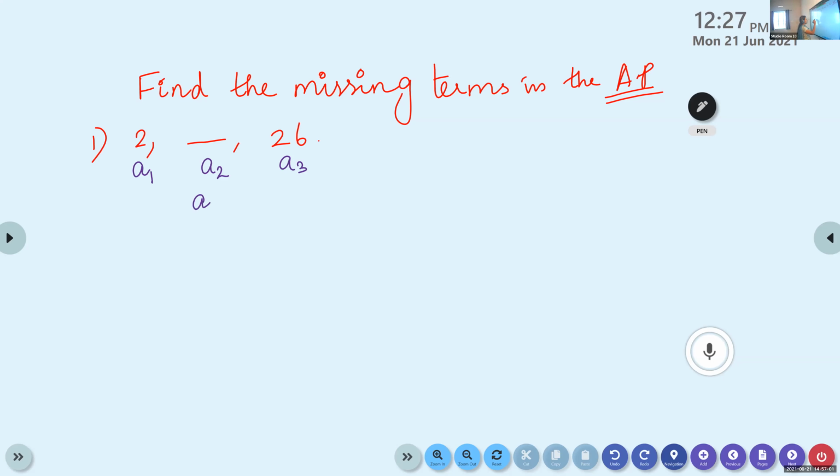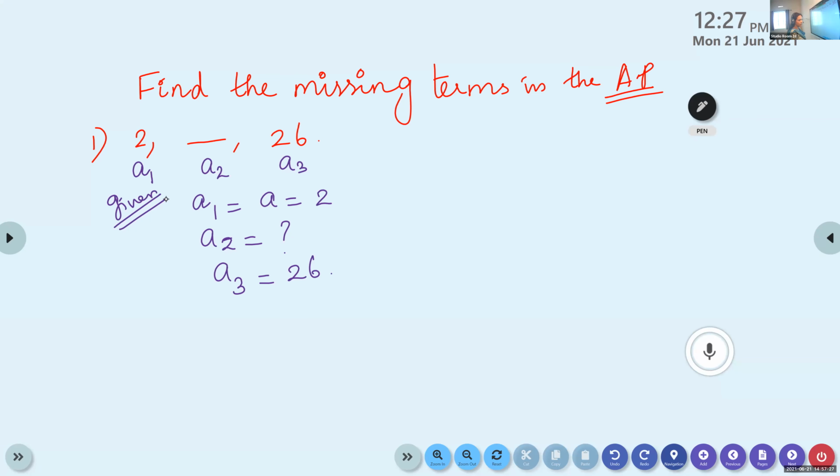So A1 is equal to A is equal to 2, A2 is question mark, and A3 is given as 26. So these are the things given. Is it okay?